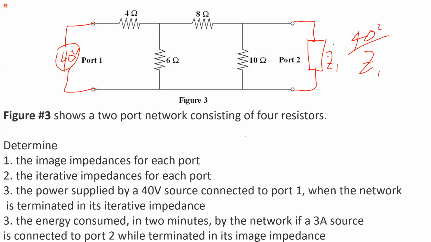How would you define image impedance? If I terminate it in its image impedance, what impedance would I be seeing? Image impedance. It will be seen for 2.